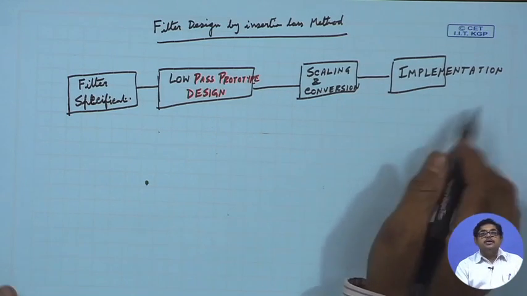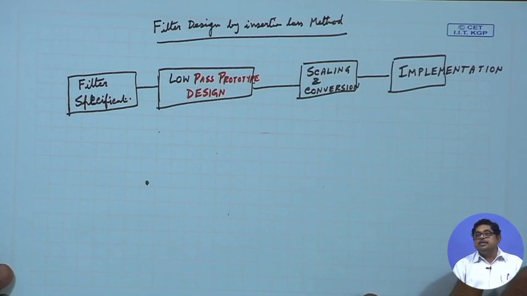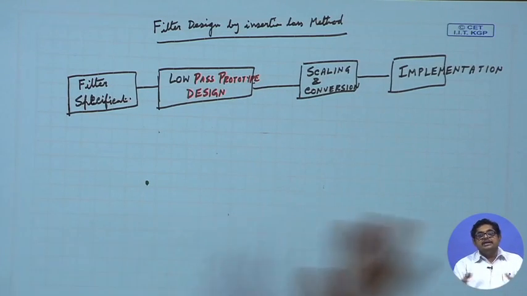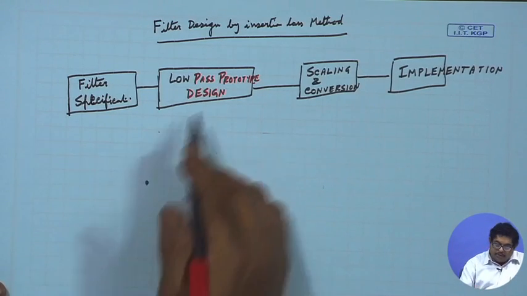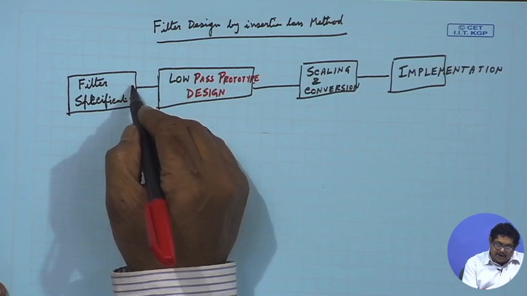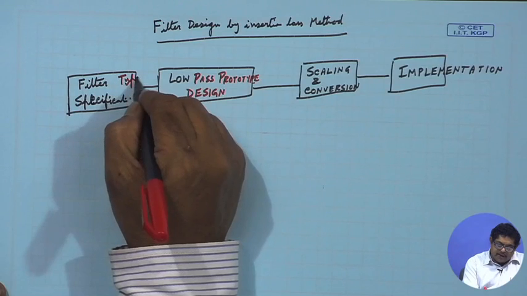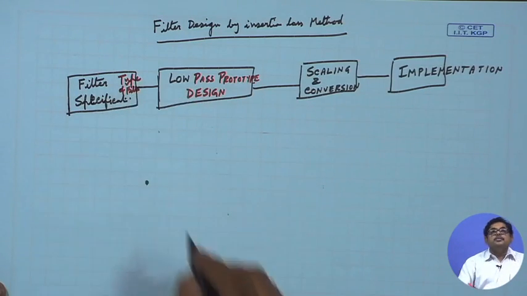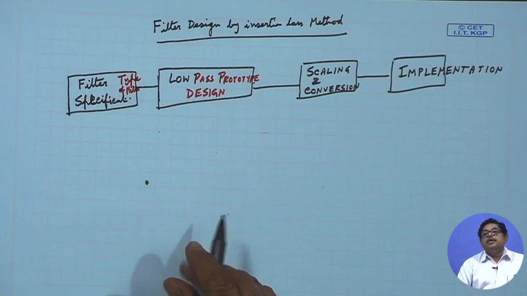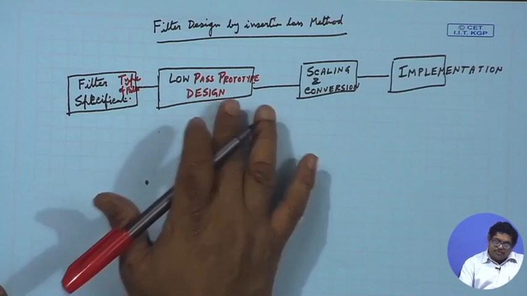If required, for implementation, some minimization is required about the length, etc., that we will see. In this low pass prototype design, we have already decided the type of filter, that means whether it is Butterworth or Chebyshev or elliptic or linear phase.